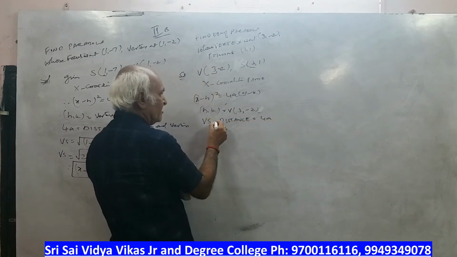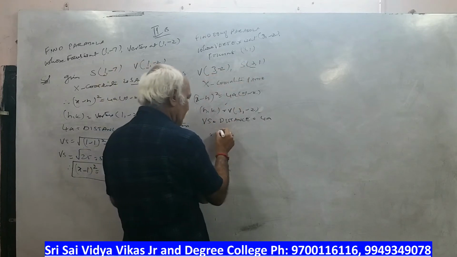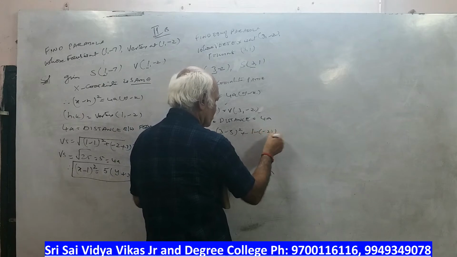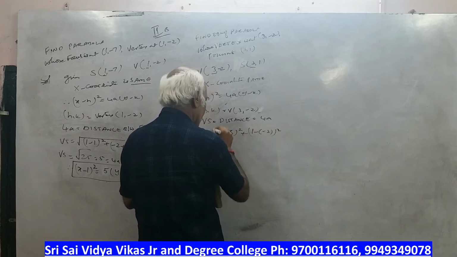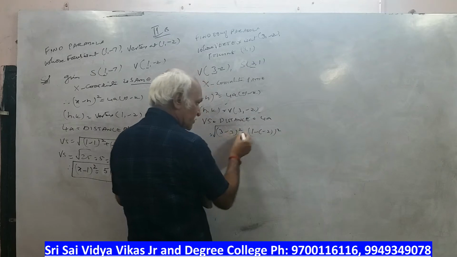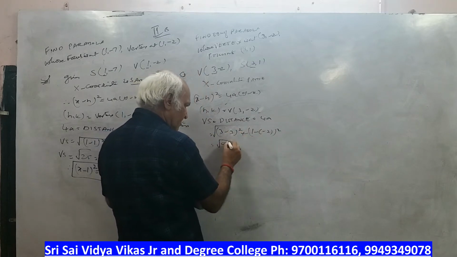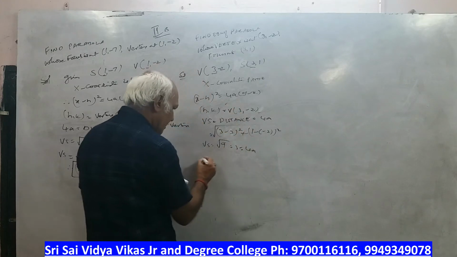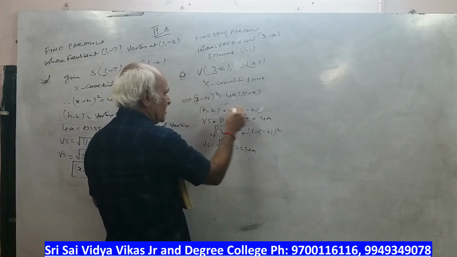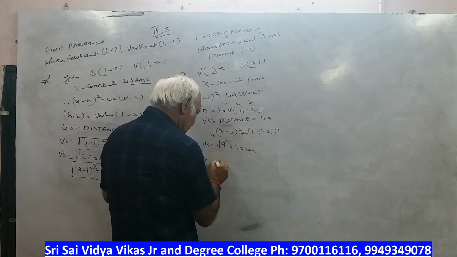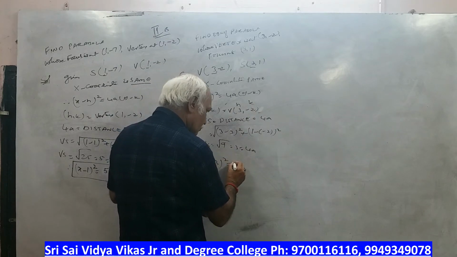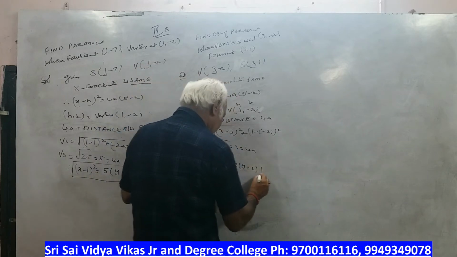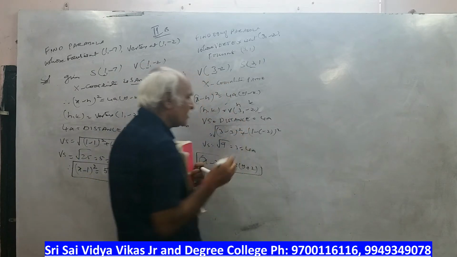What is the distance between V and S? (3 minus 3) whole squared plus (1 minus of minus 2) whole squared. This is 0, this is 3 squared, 9, which will give you 3. Therefore this is 4a. Therefore (x minus 3) whole squared is equal to 3 into (y plus 2). Right? Next.